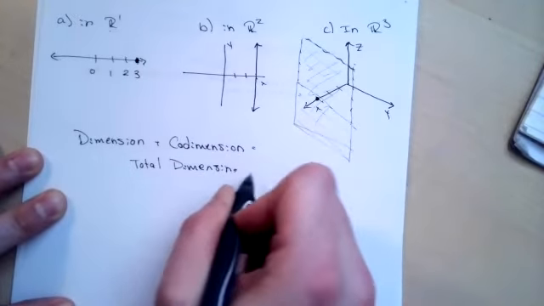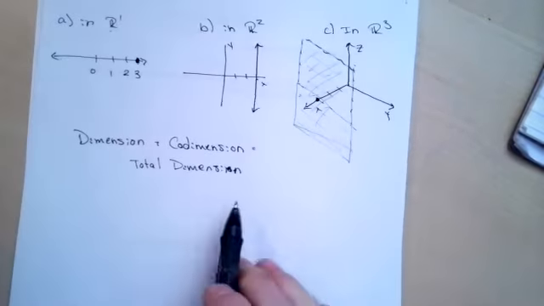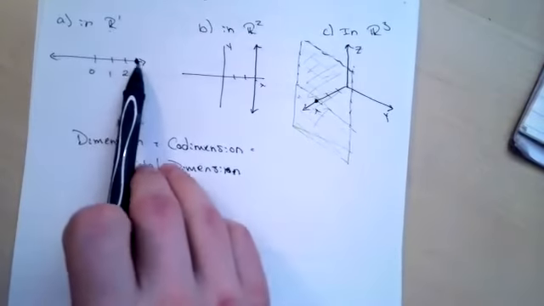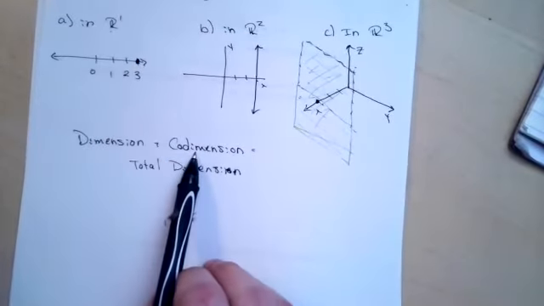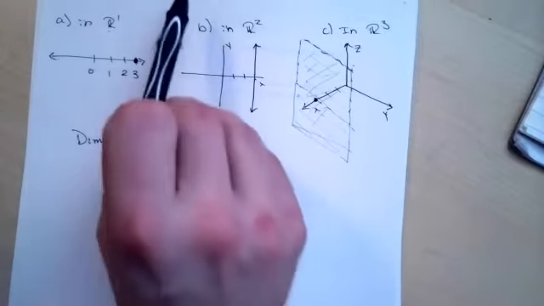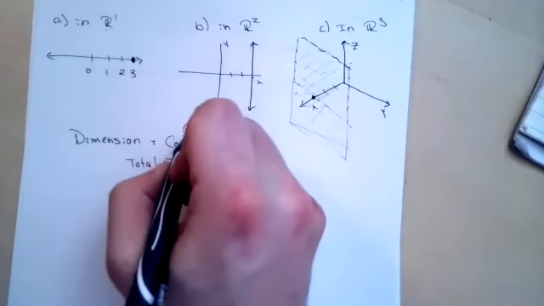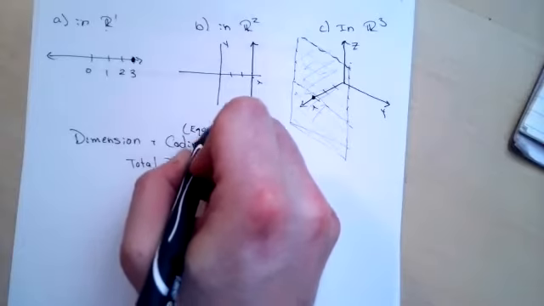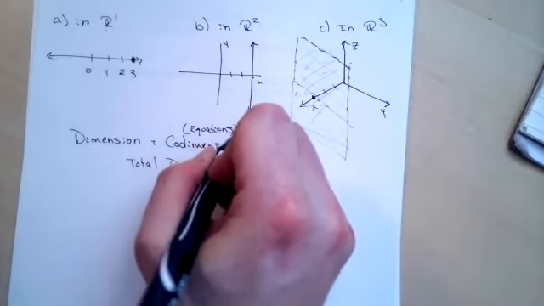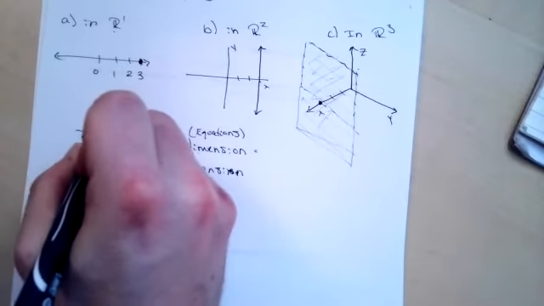So let's take a look at this again. The dimension of the object here is a 0-dimensional object, which means it's codimension 1. All of these are going to be codimension 1 because that's going to be the number of equations. And then this is our dimension of the object.